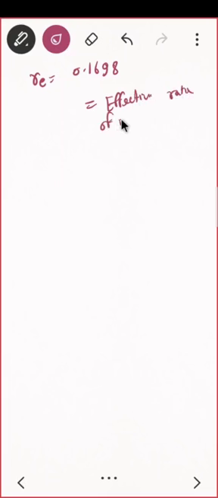So what is RE? RE is 0.1698. That is the effective rate of interest per rupee per year.